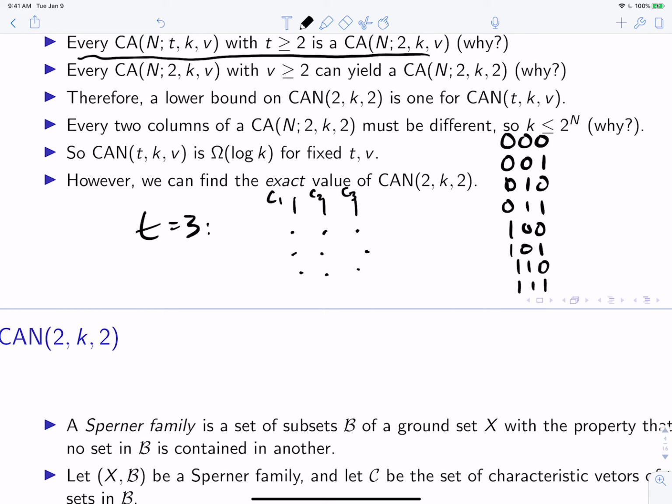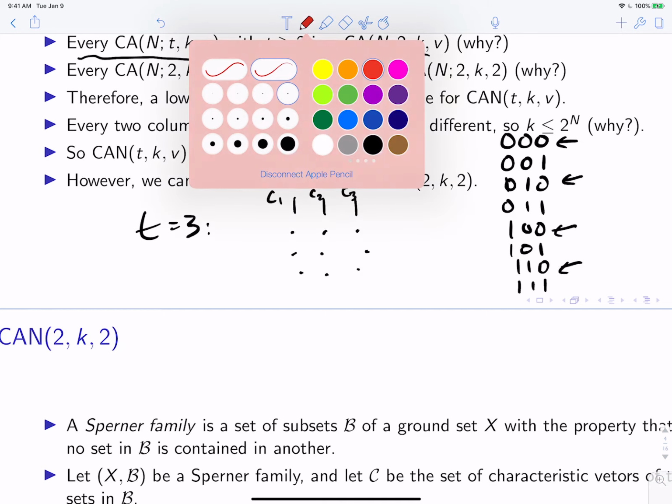Well, let's see. Look at the rows where 0 appears on the very last column, on the third column. What can you see on the other 2 columns? Maybe I'll highlight it.